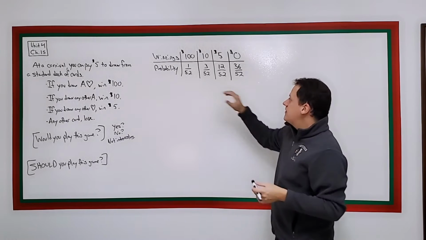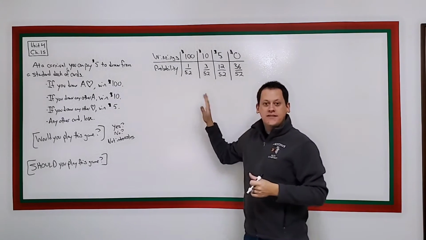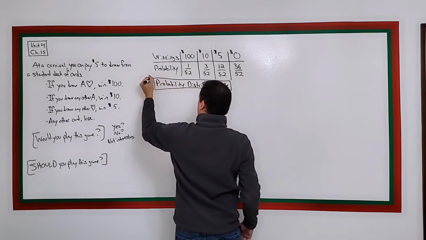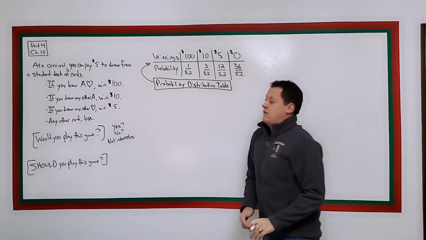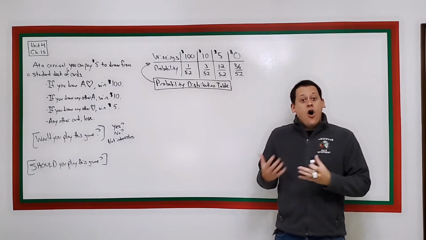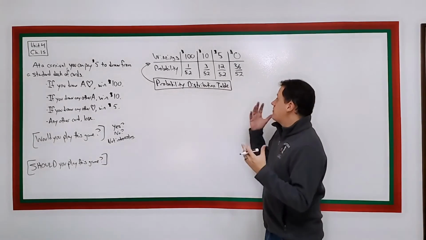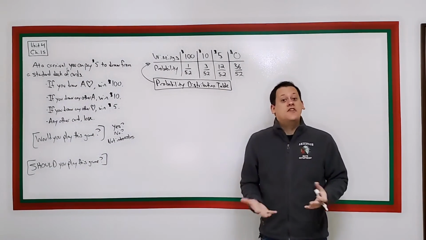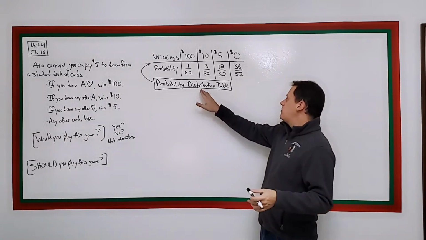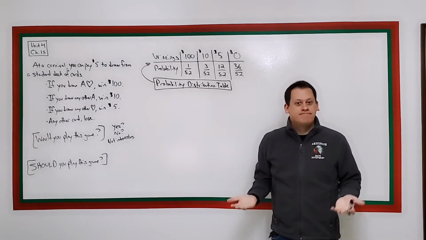So this is our probability distribution table. It specifies all the possible outcomes of the process and the probability of getting each of those outcomes. It's the distribution of the probabilities.